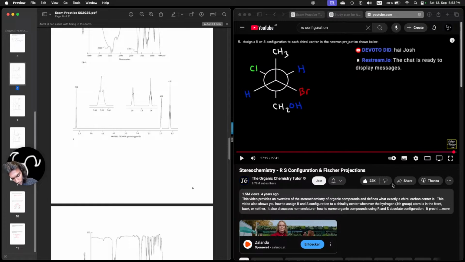Assign R/S configuration to each chiral center in the Newman projection shown below. We draw how this looks.